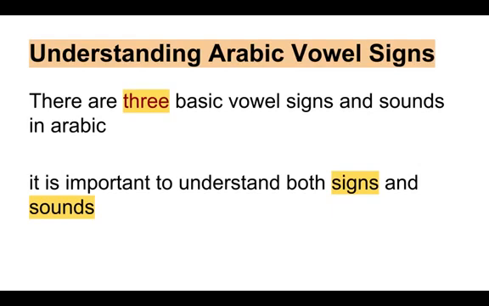So today we will be learning about the Arabic vowel signs. There are three basic vowel signs and sounds in Arabic, and it is very important to understand both the signs and the sounds to understand the language of the Quran. So what are these signs?